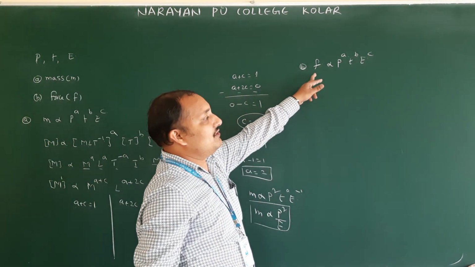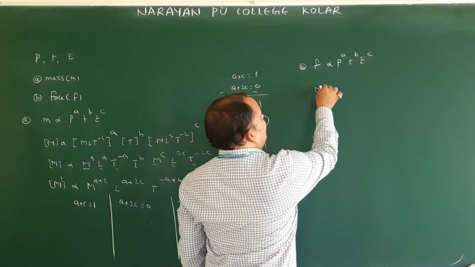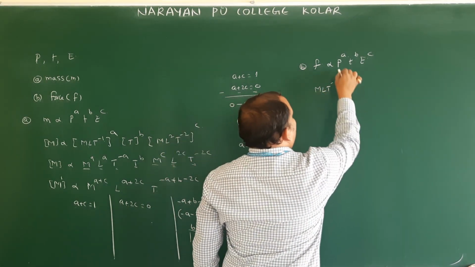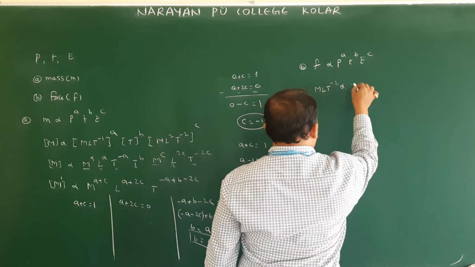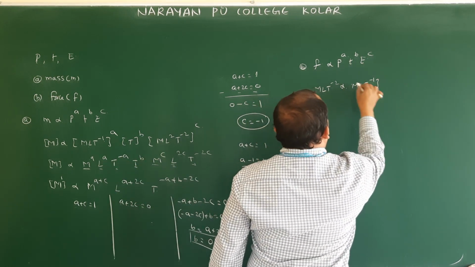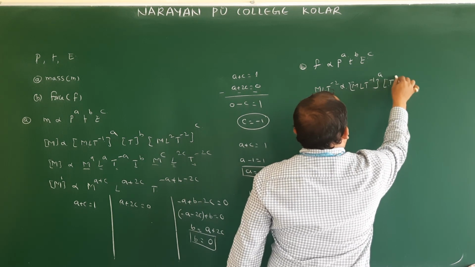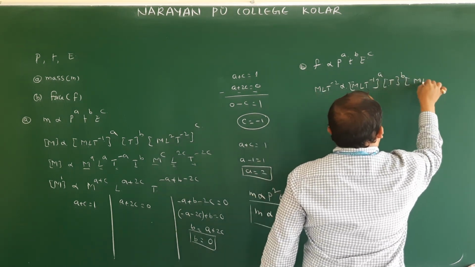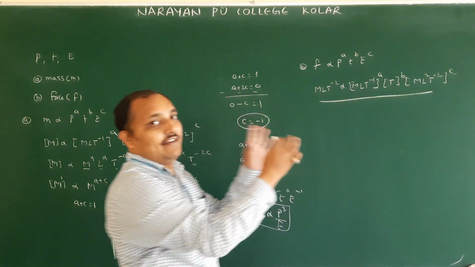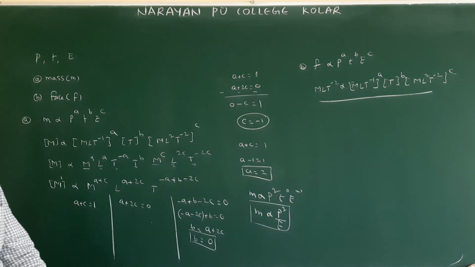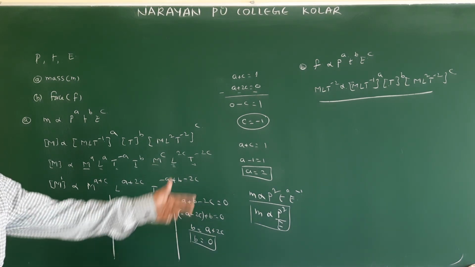Now try to substitute according to this: M L T power minus 2. P means momentum: M L T power minus 1 over power A, T power B, M L square T power minus 2 over power C. We expand this and equate both LHS and RHS. Try to write the ABC values, then you will get it.